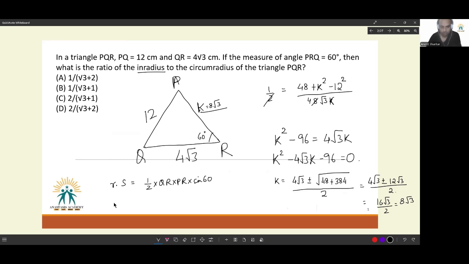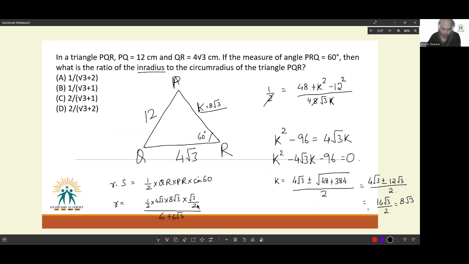So r is equal to half into QR, which is 4 root 3, into PR, which is 8 root 3, into sine 60, which is root 3 by 2. This whole thing divided by 6 plus 6 root 3.